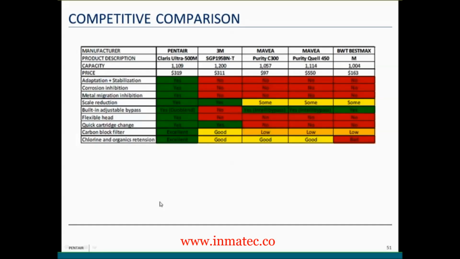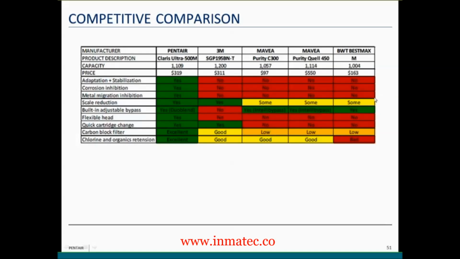Competitive comparison between the two. Claris Ultra has many more benefits and positives associated with it than our competitors. We can adapt the system and stabilize the pH. The other systems cannot. We can inhibit corrosion. They cannot. Metal migration inhibition.